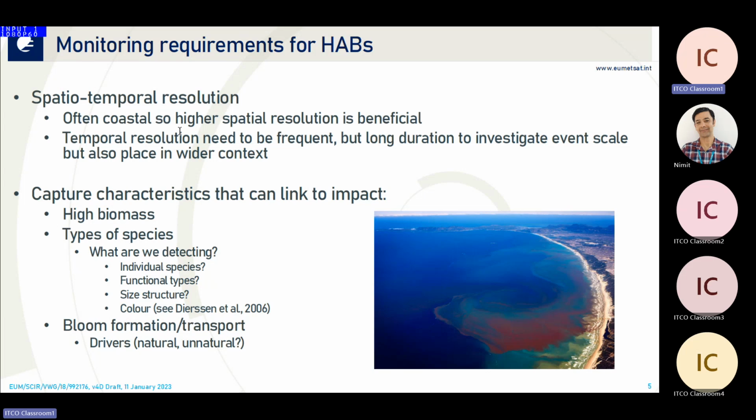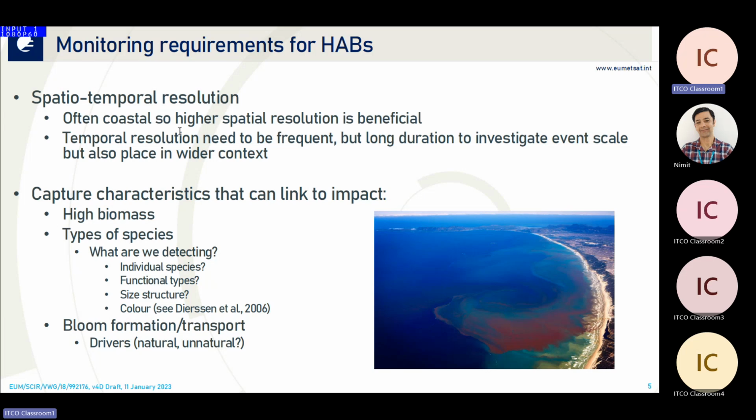We also need to understand the characteristics of these blooms. Some of these HABs, we said, are linked to high biomass. Some others are not, and are more related to the species that form these blooms.